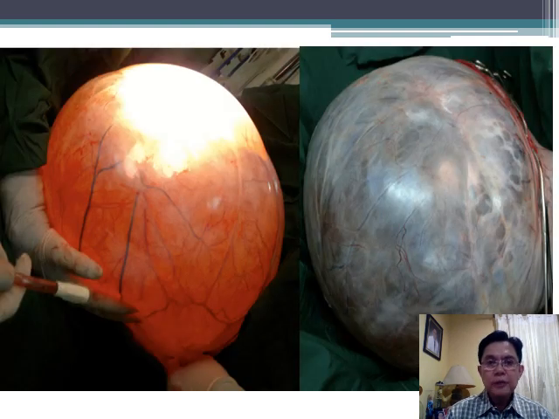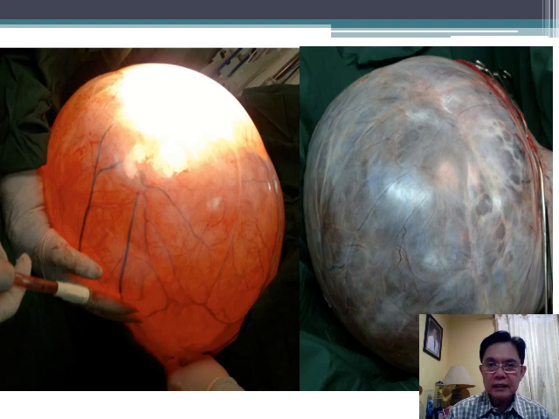So these are gross pictures of an ovarian tumor. Would you be able to differentiate or identify grossly which one is malignant? You still remember your anatomy. So this is your description about tumors of the ovary. This one has a very smooth surface and it seems to be unilocular.